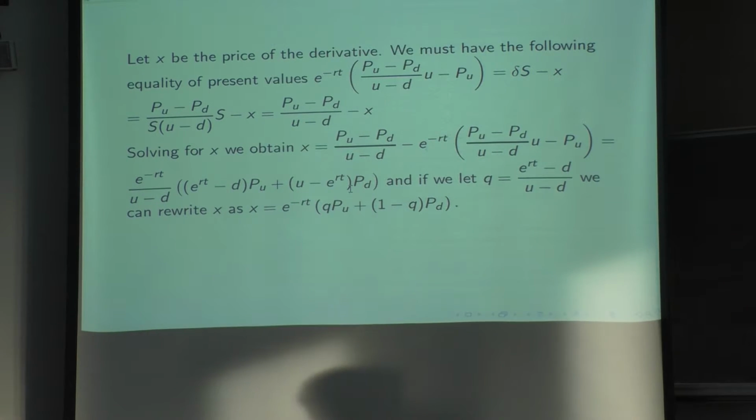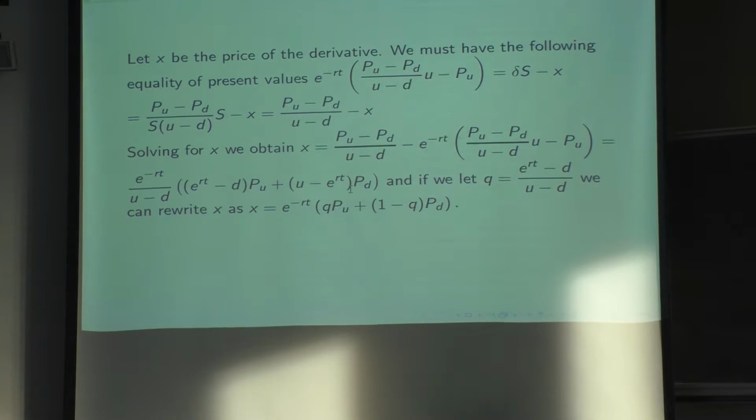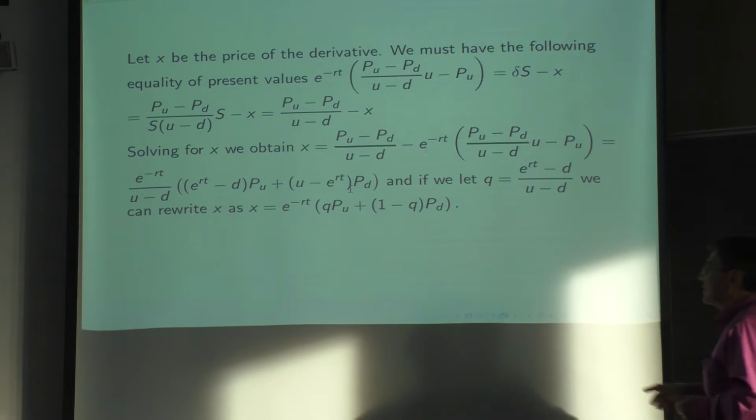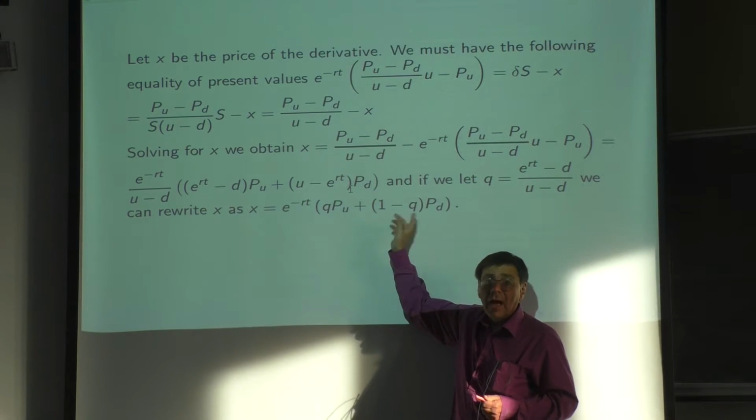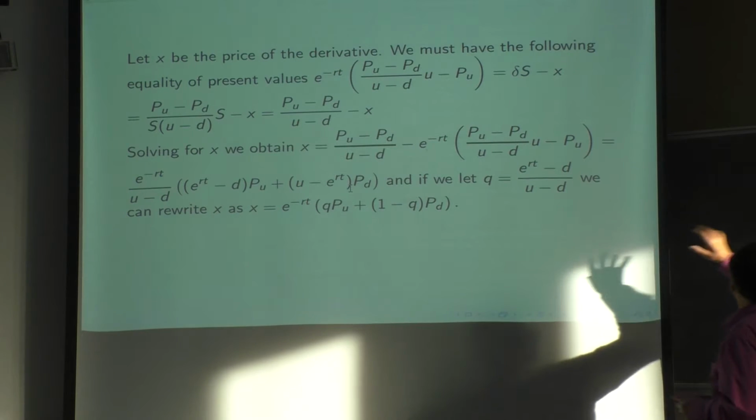Suppose I say I give you £1 million with probability half and £2 million with probability a half, and then I say, what is the expected value of your payoff? So this expression here is the expected value of the payoff, assuming that q is the probability of finding yourself here.